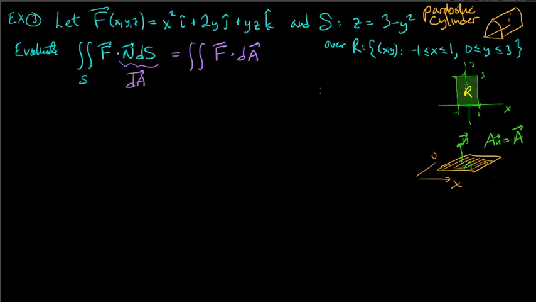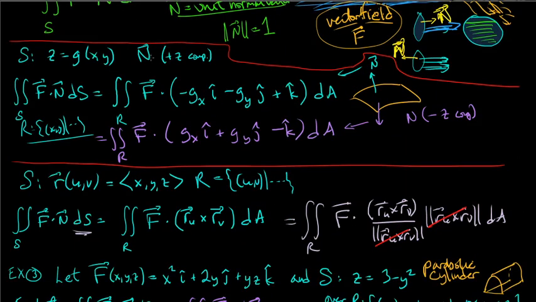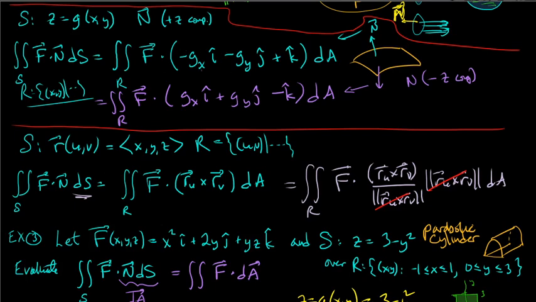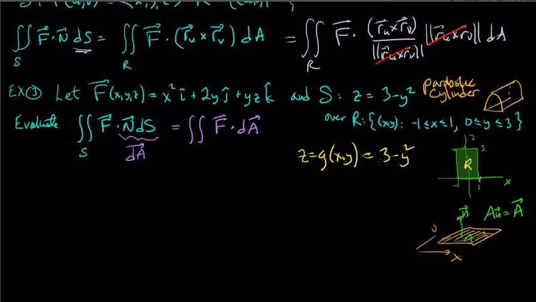Okay. So how do we evaluate that? Our surface S is given as a function of x and y, so that's my g of xy. We could parameterize it, of course, but why bother, since S is defined as a function of x and y.